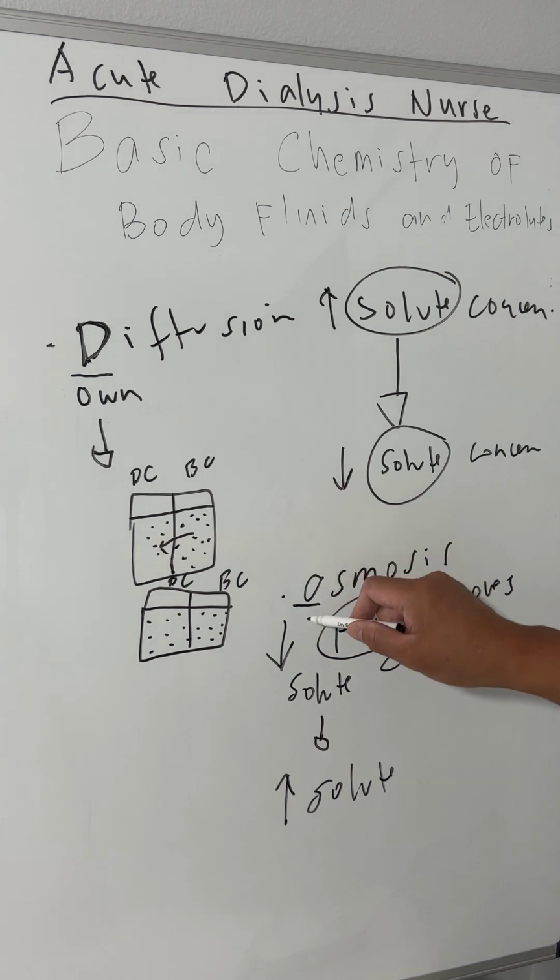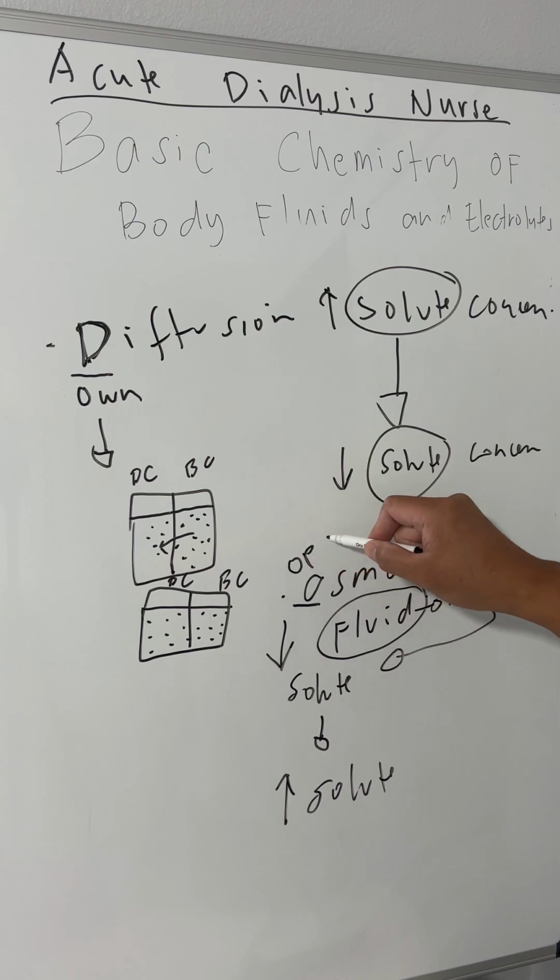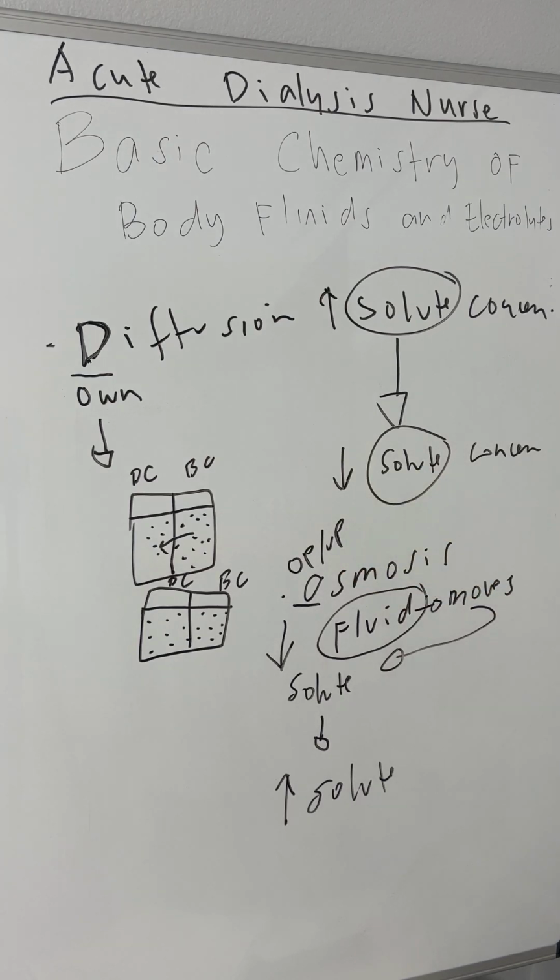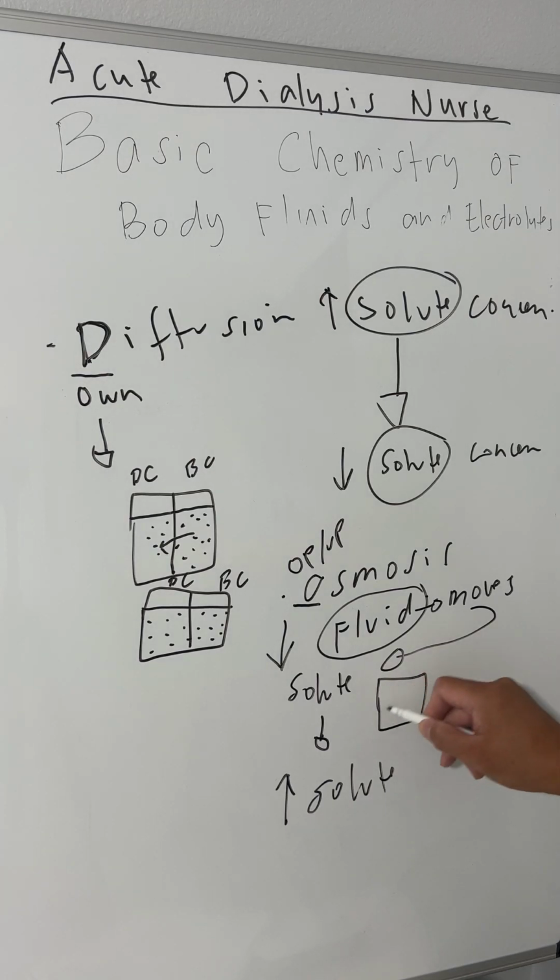So up, O, up. That's your clue. So when you're having a hard time, let's give you an example. So this is your blood compartment, this is your dialysate compartment, this is your semi-permeable membrane. This is your fluid. So this is clean and this is very dirty. So what happened?